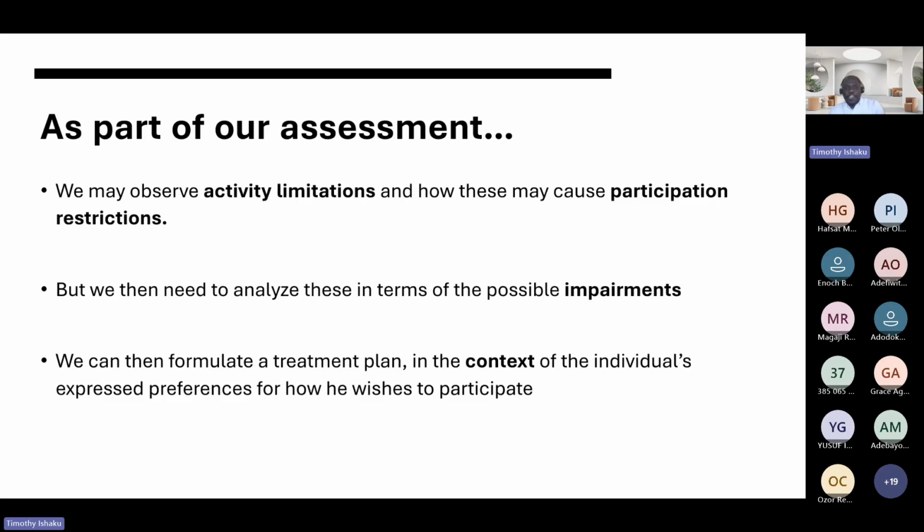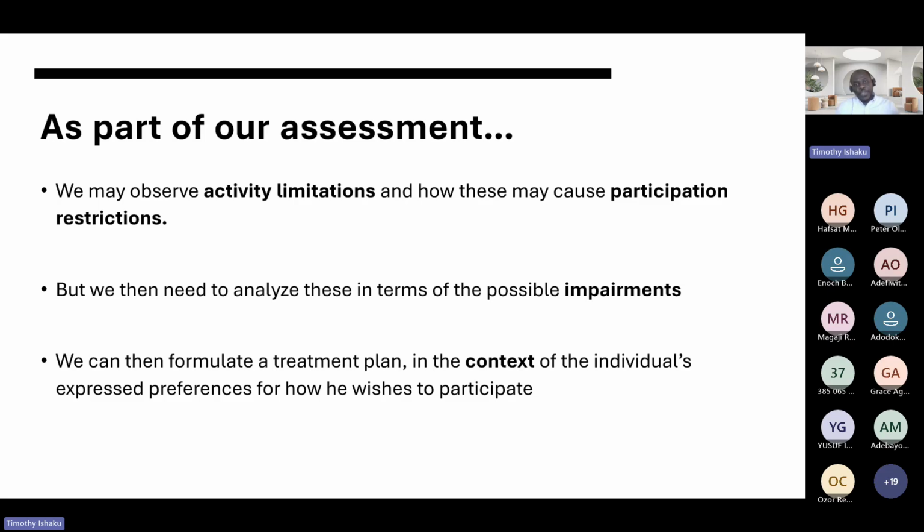We can then formulate a treatment plan in the context of the individual's expressed preferences and how they wish to participate. And we can do that broadly. Our treatments are not necessarily wrong, whereby we just want to do exercise for our patient, but we need to consider how we translate that strength training into day-to-day function for the patient.